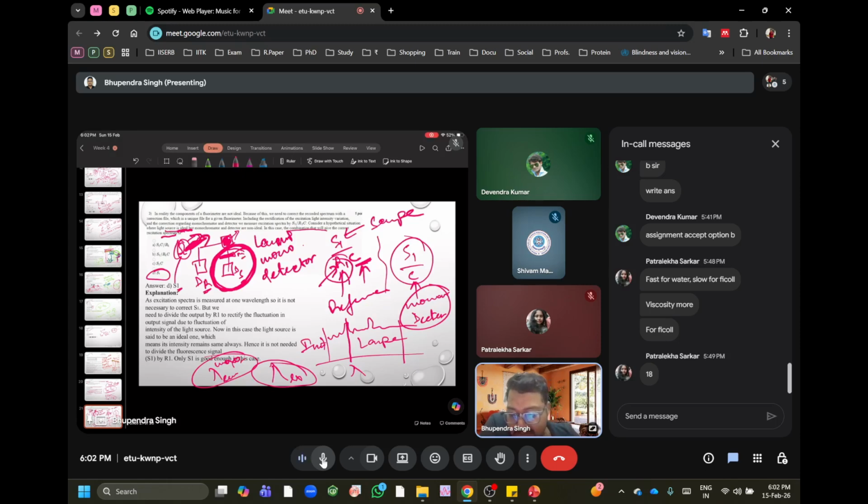Also monochromator and detector efficiency for excitation, maybe this could be S1, I don't know, I'm not able to think right now. According to their answer, according to me it should be S1 by C. Maybe there is some catch here, I'm not able to get it now.